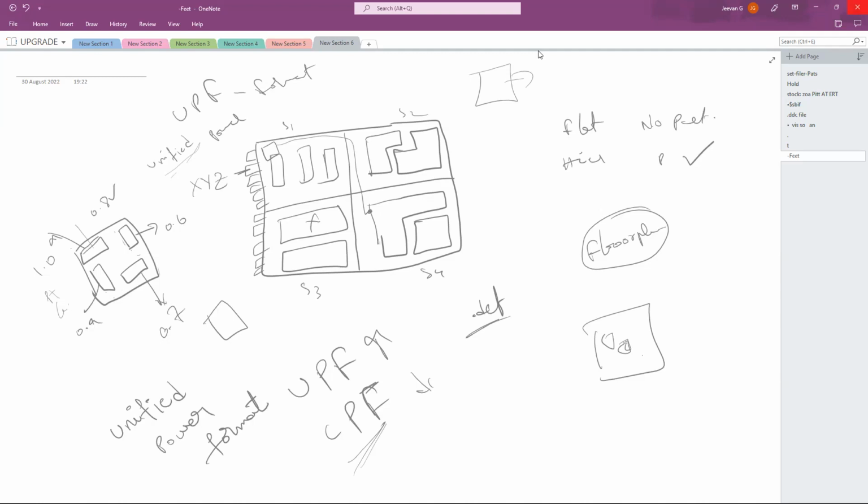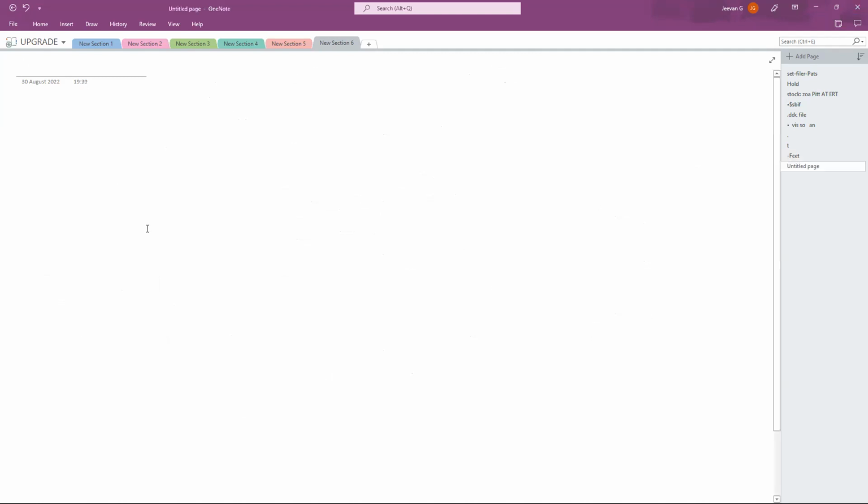Let me explain. For example, in my previous project I had 7 voltage areas. For the first voltage area, the VDD power source is VDD core underscore SW. The second is VDD IO.